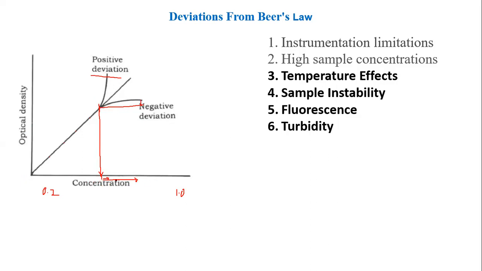So I'm increasing the concentration by this much value. Ideally, the absorption should have increased proportionally, right? But it doesn't increase with that change. It changes by a very little value. And that is what is referred to as negative deviation.